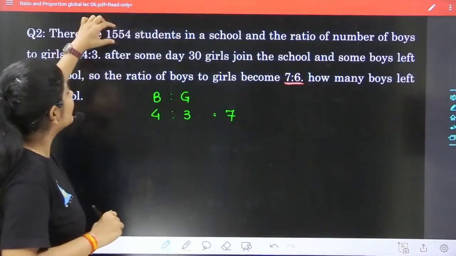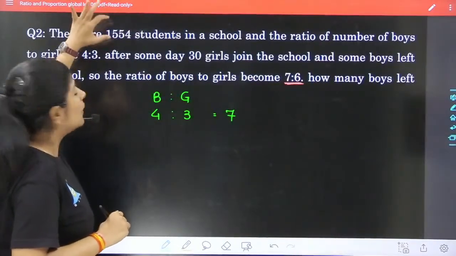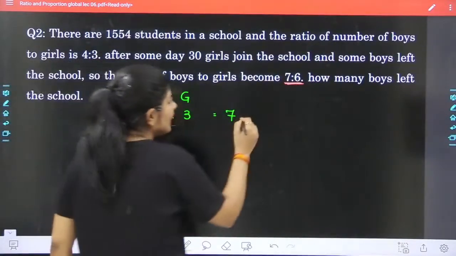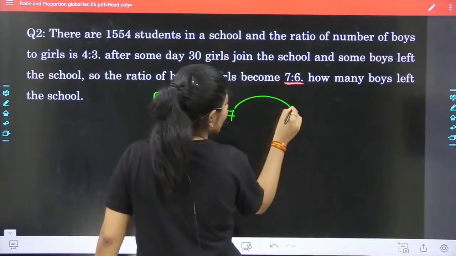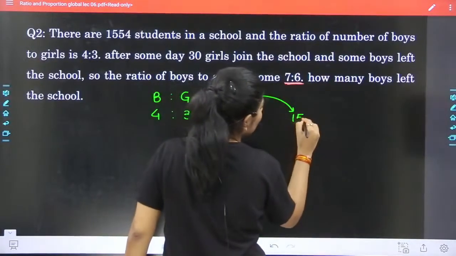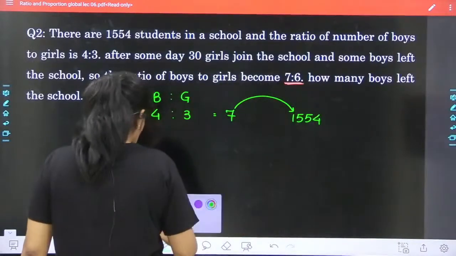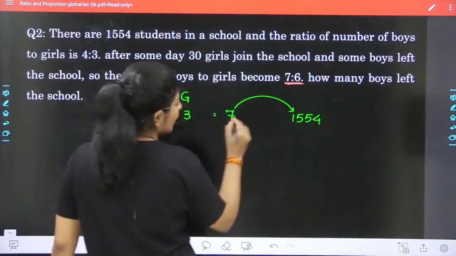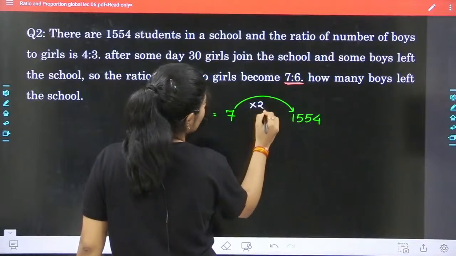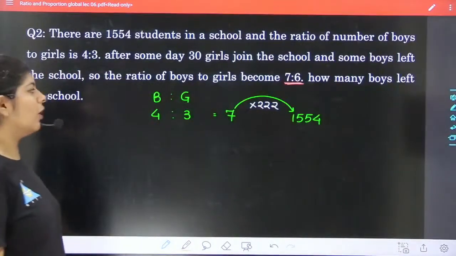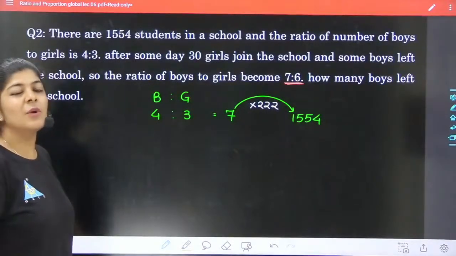But it is given that we have a total of 1554 students. That means the value of 7 over here is equal to 1554. Now this term is a multiple of 222.